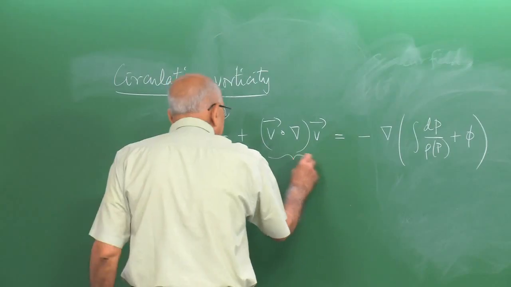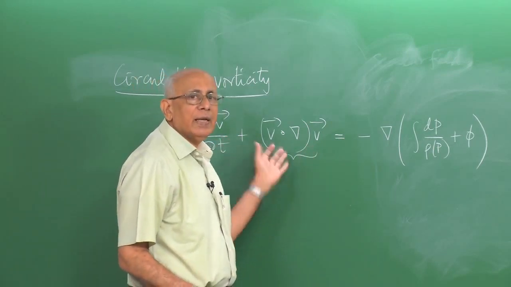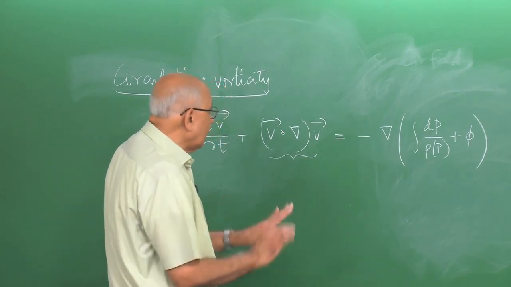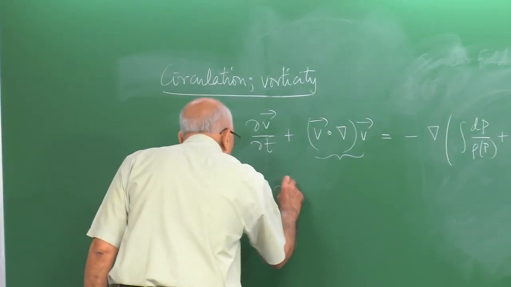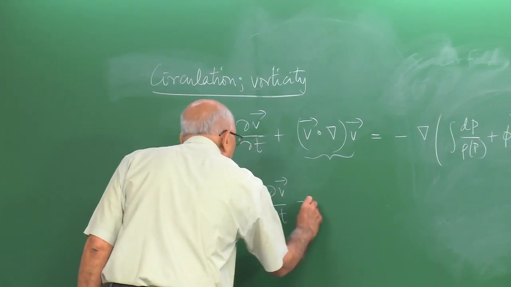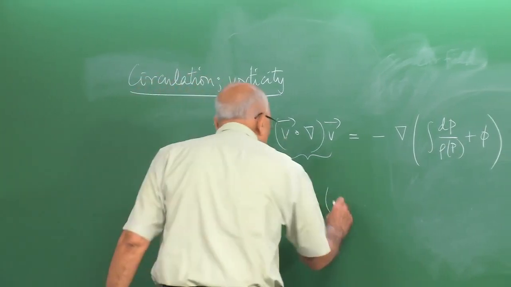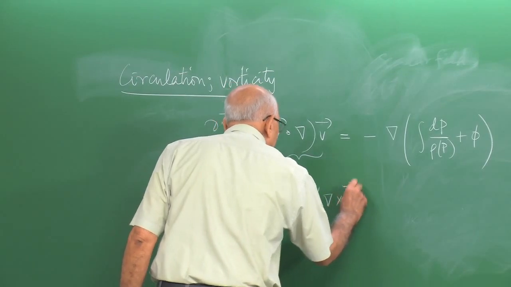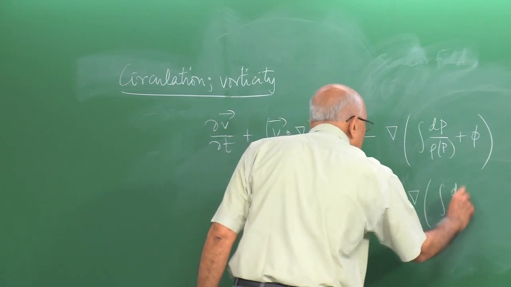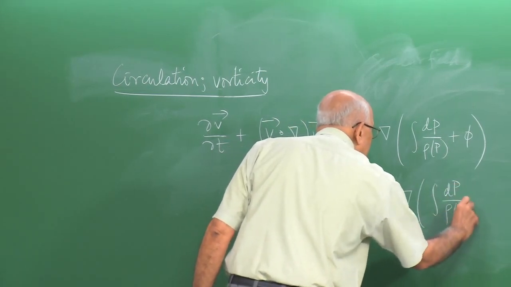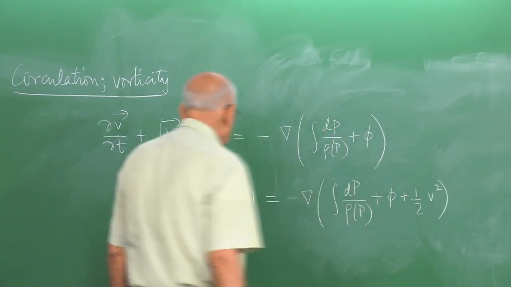This quantity, when we took the dot product with v, we discovered it was essentially the gradient of half v squared. But now, without taking the dot product, we can simplify this alone, and it turns out that this can also be written as this minus v cross the curl of v, that is del cross v, equal to minus the gradient of the integral dp over rho of p plus phi plus 1/2 v squared.